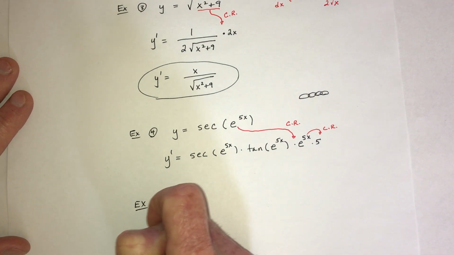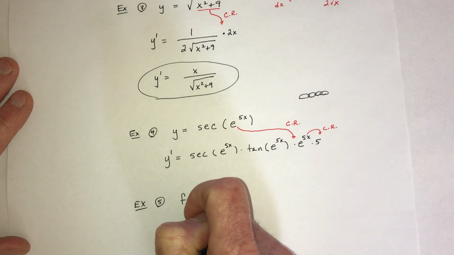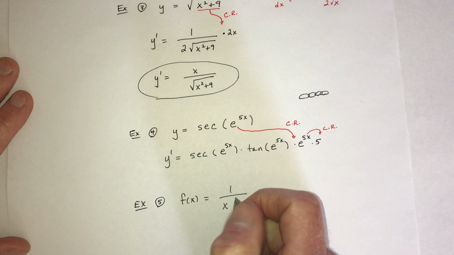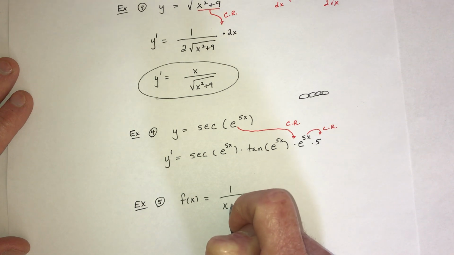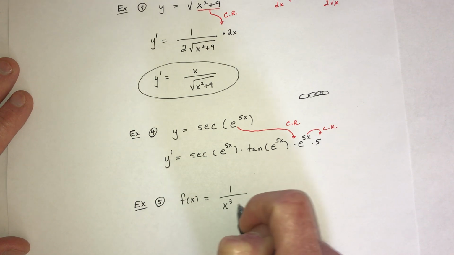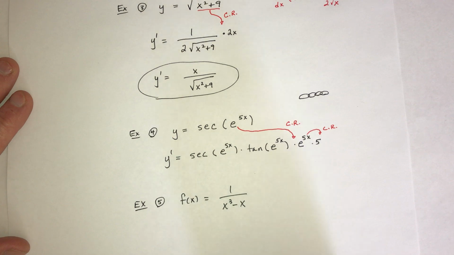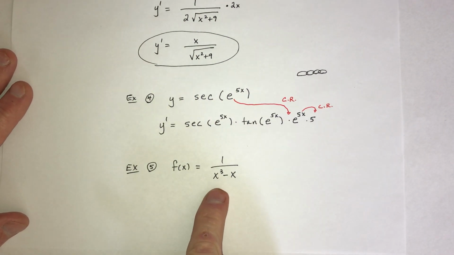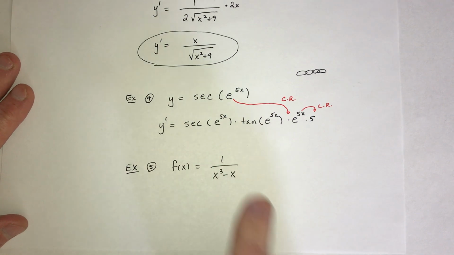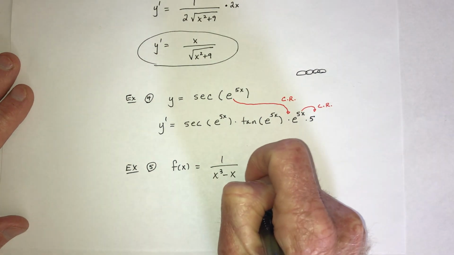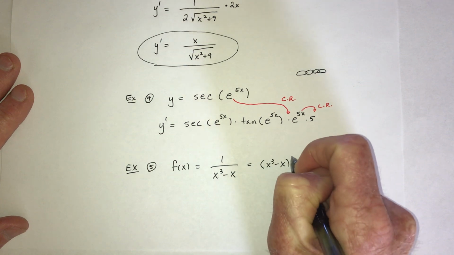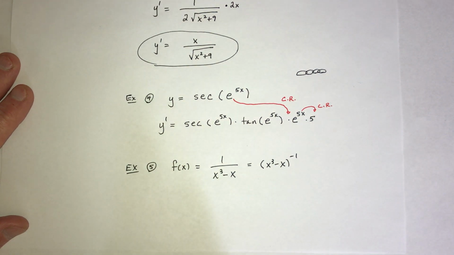For example, number 5, how about if the function is 1 over x, let's go with x cubed minus x. So with this one, you could actually use the quotient rule because this is a quotient, but you could also rewrite this as x cubed minus x is raised to a negative 1.